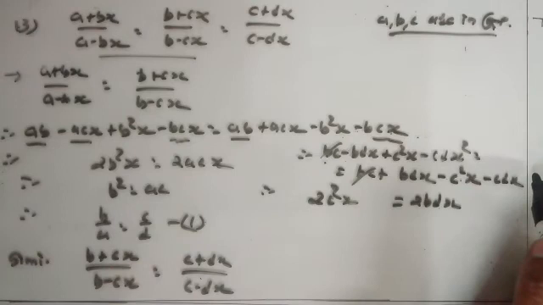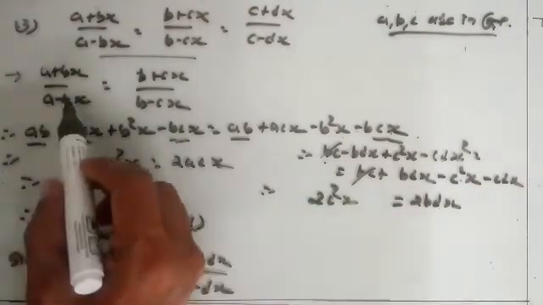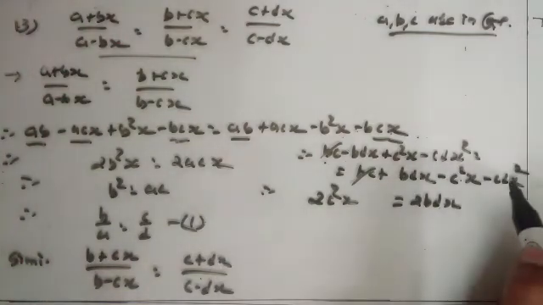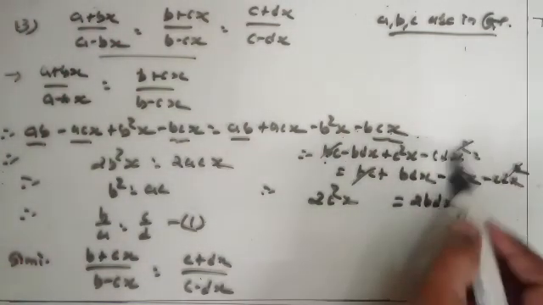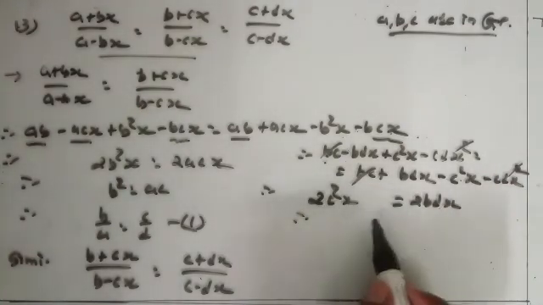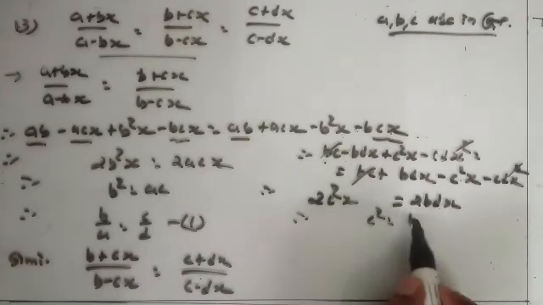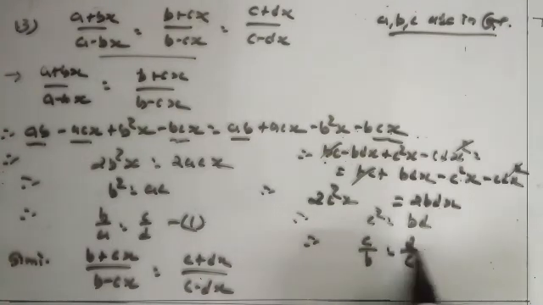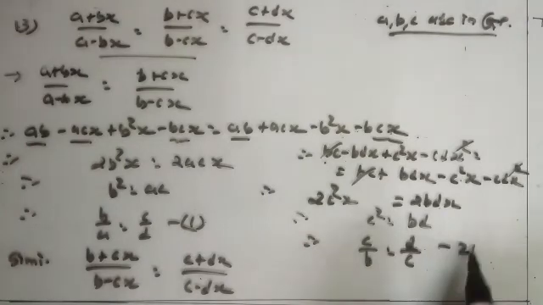And here the cdx square terms from both sides cancel. Therefore 2 cancels, x cancels, so c square is equal to bd. Clear? Therefore c upon b is equal to d upon c. Take this as result number 2.